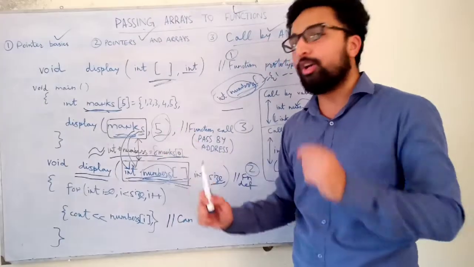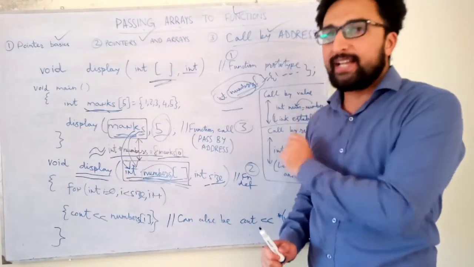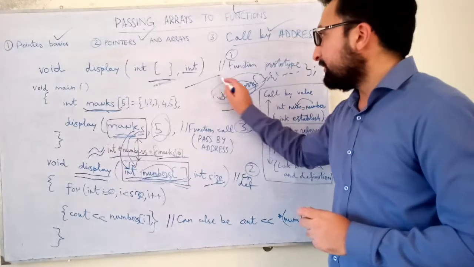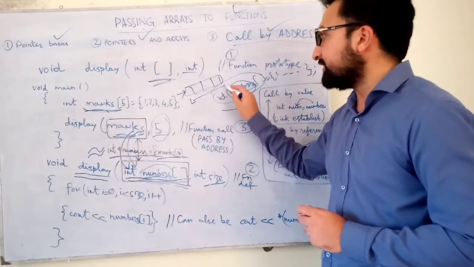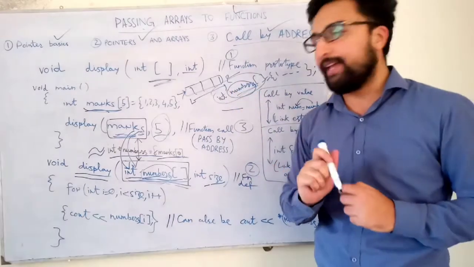They always have a supporting argument, the size of the array, so as to take us to the end of the array. Starting address, and the size that takes us to the end of the array.